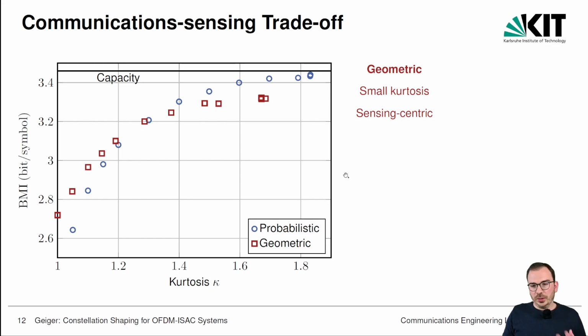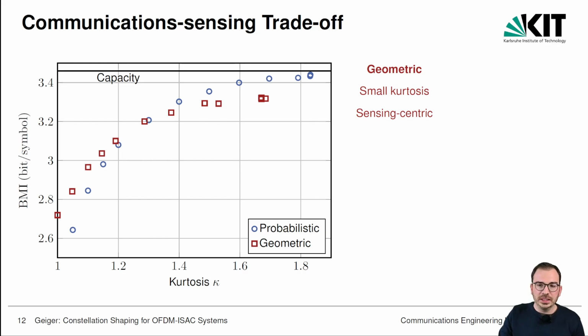So here we will now compare the different shaping methods, geometric, probabilistic, and joint, in terms of their communication sensing trade-off. So for a very strict sensing constraint, so small kurtosis, we find that geometric constellation shaping outperforms probabilistic constellation shaping.